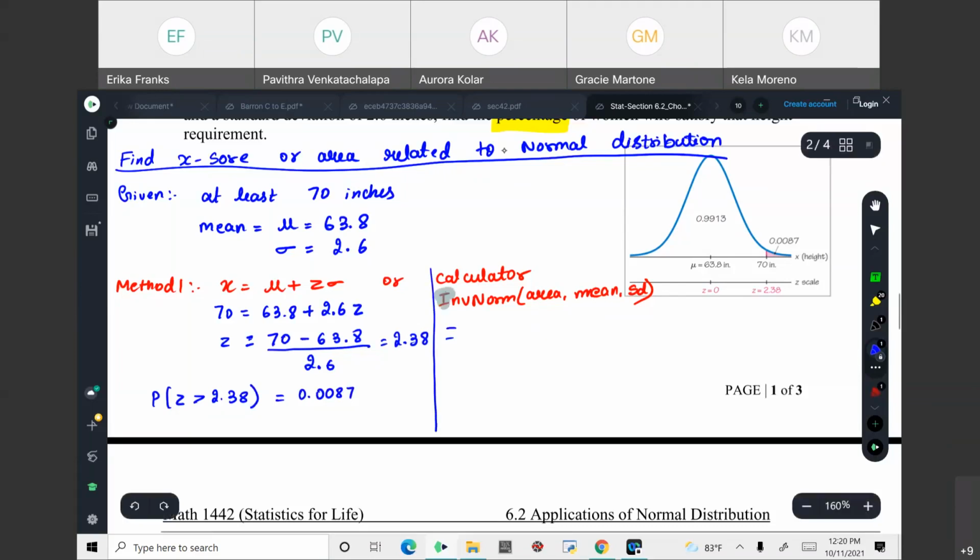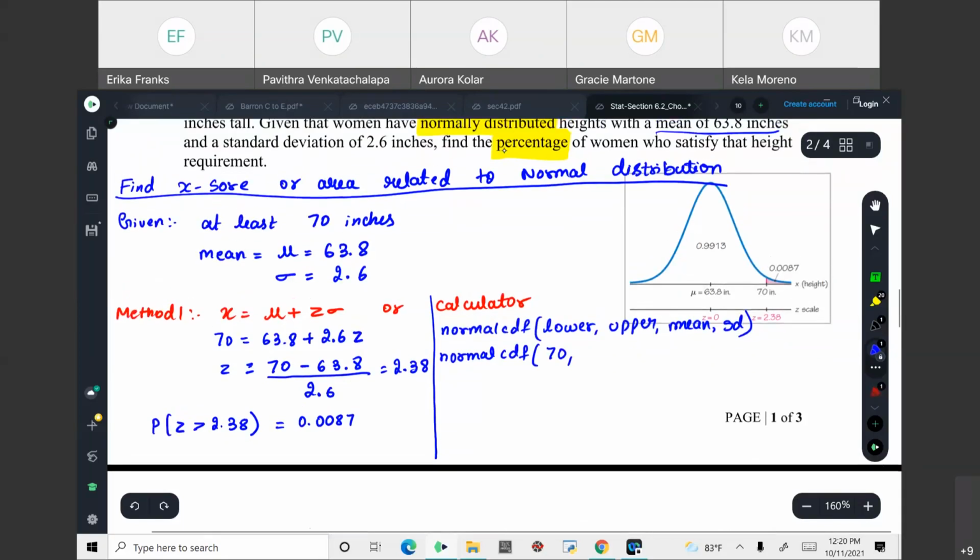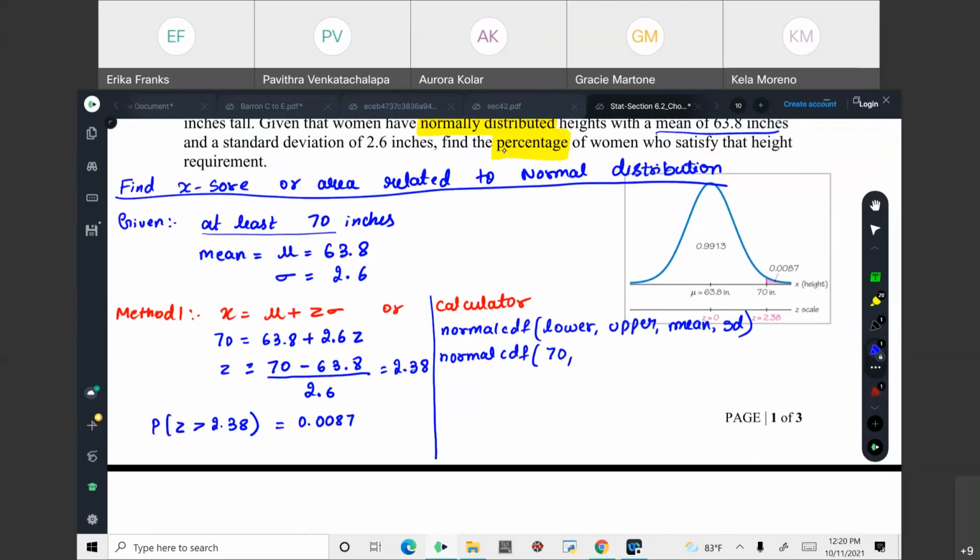So I made a mistake here. We are calculating the area, right? So we are supposed to use normal CDF: lower value, upper value, and then mean, standard deviation. Okay, so open your calculator and do this. So your lower value will be 70 because it is mentioned in your question as at least 70, and that's how I know it is a minimum or a lower value.